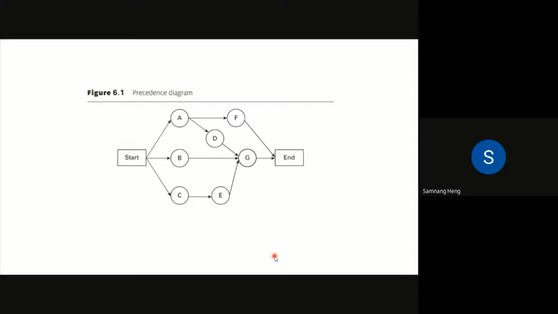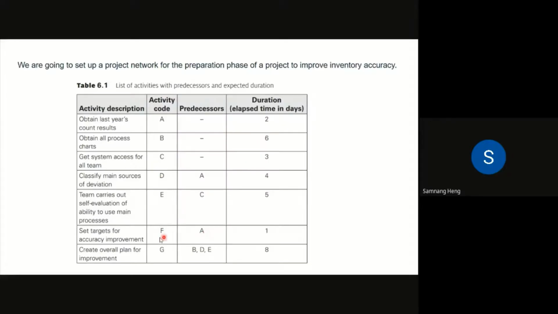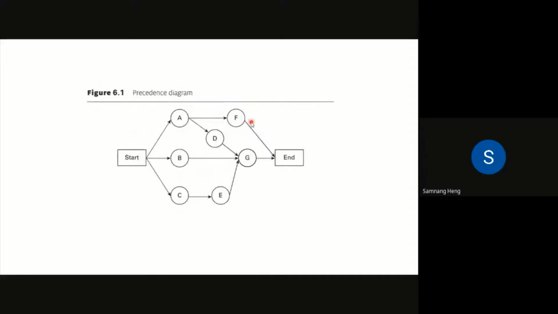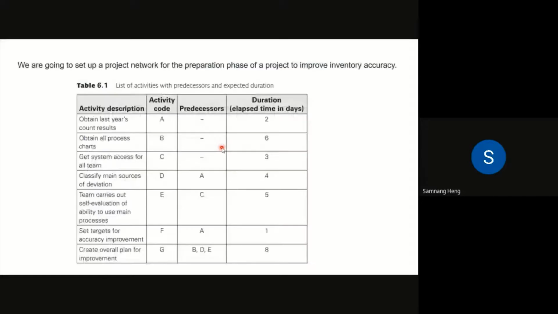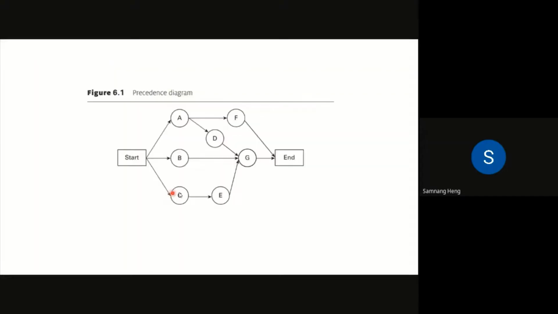So the next stage, if you need to create a diagram like the one I put in the previous slides, you start first with A, B, C, and you know that tasks D and F have the same predecessor, which is A. So you draw it like this from A to D and F. And then you know task E has C as a predecessor.